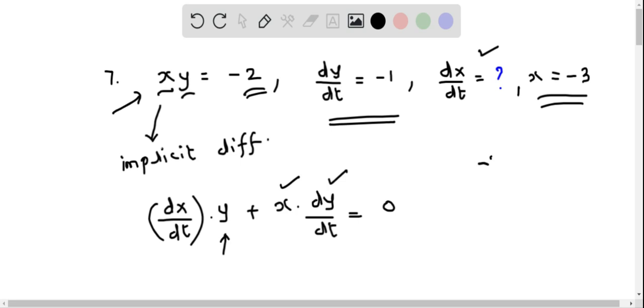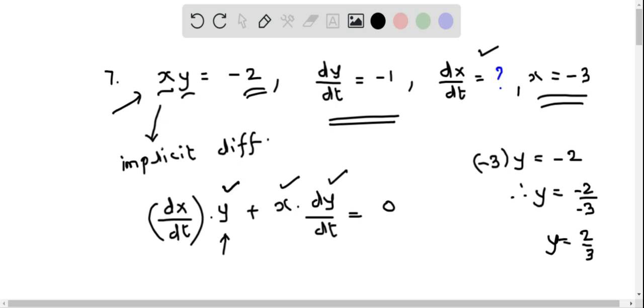So when we do that, we get negative 3 times y, and this equals negative 2. So therefore we get y equals negative 2 divided by negative 3, and this equals 2 thirds. So y equals 2 thirds when x equals negative 3, and this means we can also plug in for y. So we can easily solve for dx over dt.